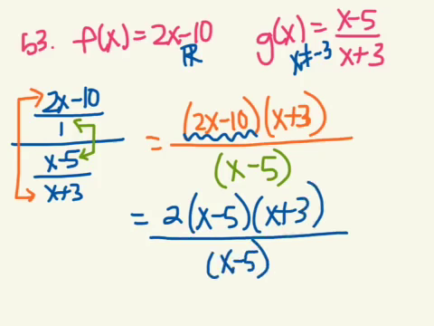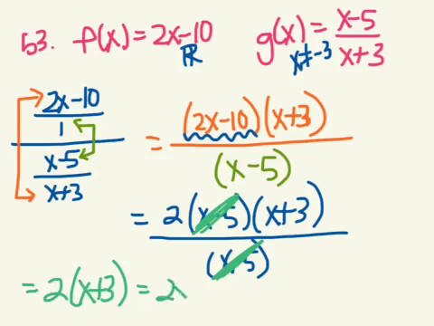So sometimes the common factors can be a little hidden. So now when you look at this, you have two x minus 5s, one in the numerator, one in the denominator, so those are going to cancel each other out. So we're left with 2 times x plus 3, or you could say 2x plus 6. And that's your final answer.